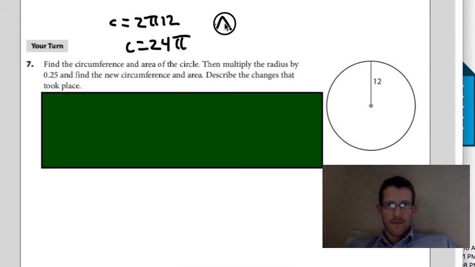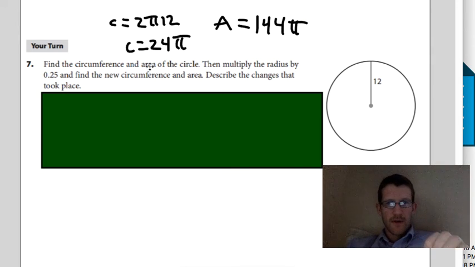The area is pi r squared. R is 12, so it's 144 times pi. Okay, see if you can figure out the new circumference and area from that. I'll go ahead and do another pause.